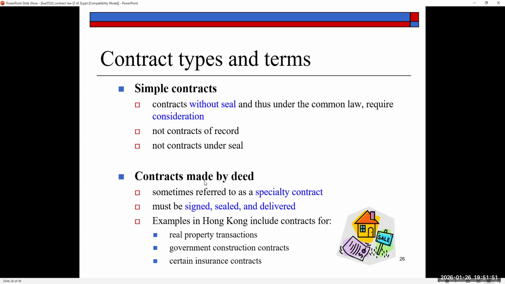We may have these kinds of contracts made by deed. Certain insurance contracts, again for big sums usually, may be contracts by deed. But I would say for normal commercial contracts, most of them are simple contracts, including many of the FM contracts.